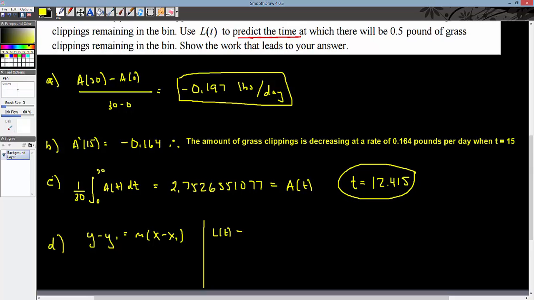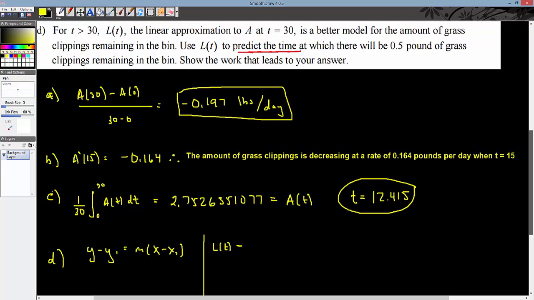So let's go ahead and find out what y1 is. It says here, we're trying to use the linear approximation to A at time equals 30. So hopefully it makes sense that your x coordinate, or your t coordinate, is going to be 30, comma. And then your y coordinate, or your A coordinate, is going to be A of 30.